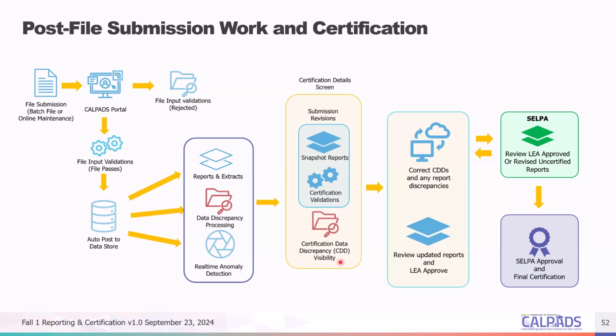So yesterday, we've activated the snapshot process, and you should be able to see your snapshot revisions, your certification reports. Now, any data discrepancy error that was not resolved in this layer will then manifest as a CDD. So CalPADS will just prevent you from certifying until you make sure that your data discrepancies are corrected.